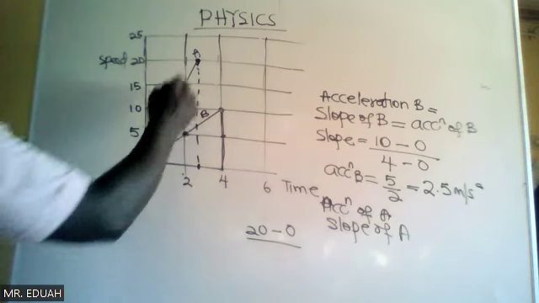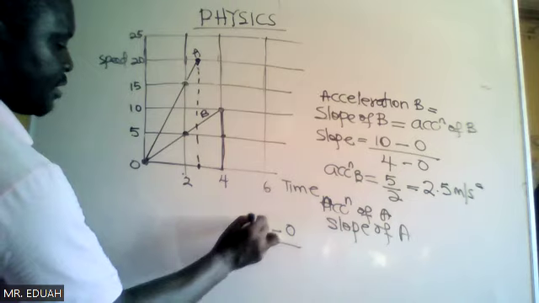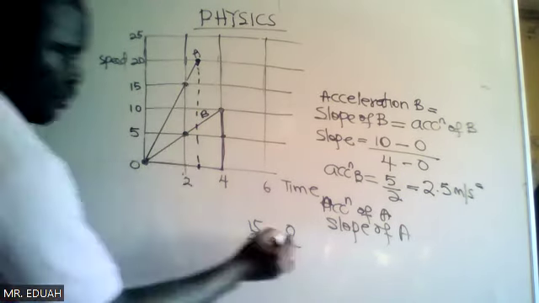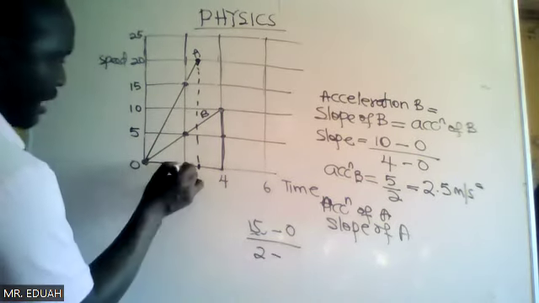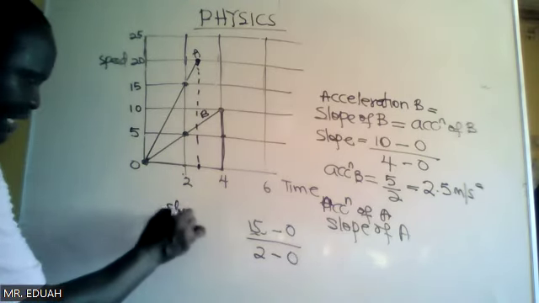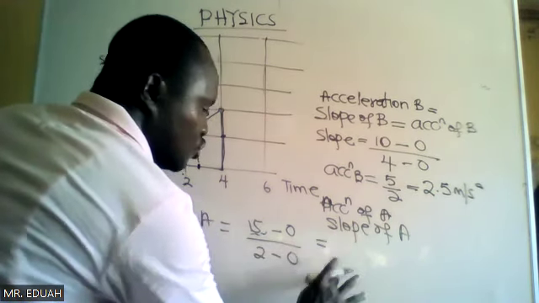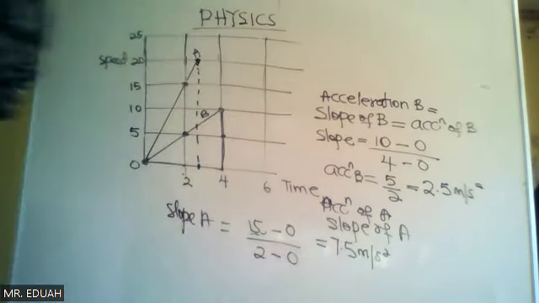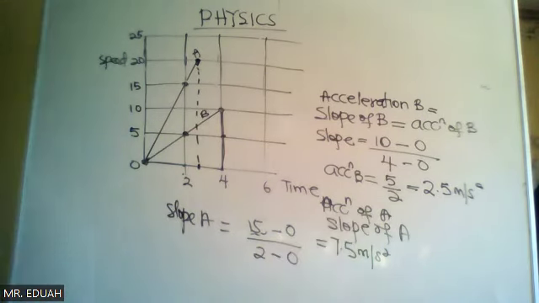So if I pick these 2 points, I have the maximum vertical 15 minus 0 over 2 minus 0 for the horizontal. And this will give me the slope of A. So I have 15 on 2, which is 7.5 meter per second squared. Now, let's compare 2.5 and 7.5.